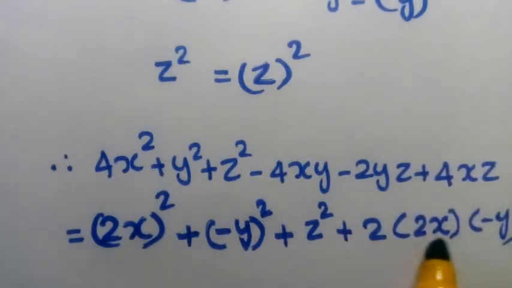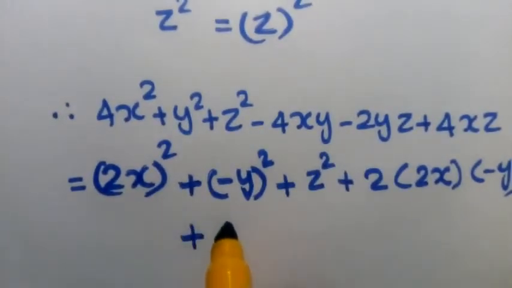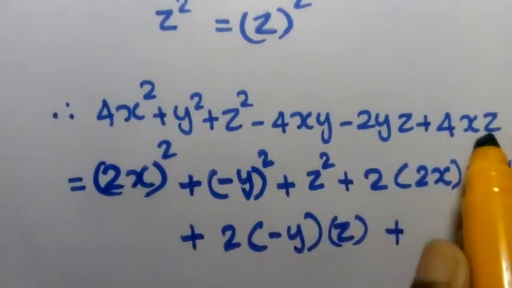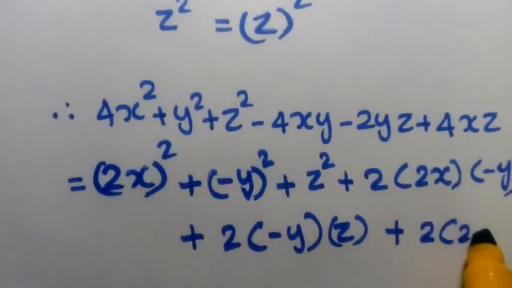If you multiply it, 2 into 2x is 4x. 4x into -y is -4xy. Both are same. Next, plus 2 into -y into z, plus 4xz is 2 into 2x into z.